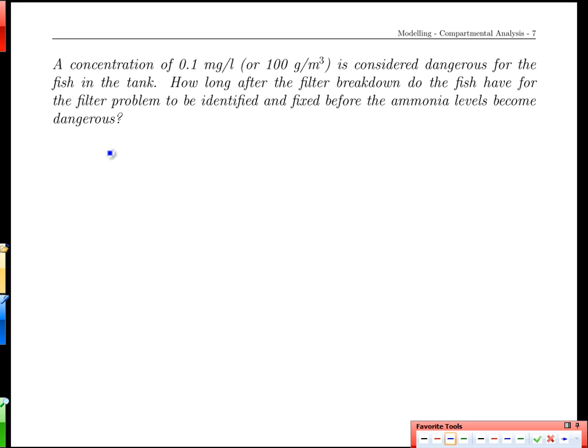Well, with our solution, this is straightforward to find. We have 150 minus 150 e to the minus t over 2.5. We're interested in the t when c is equal to 100. So this just becomes a standard equation setup. Let's set c equal to 100 and solve for t.